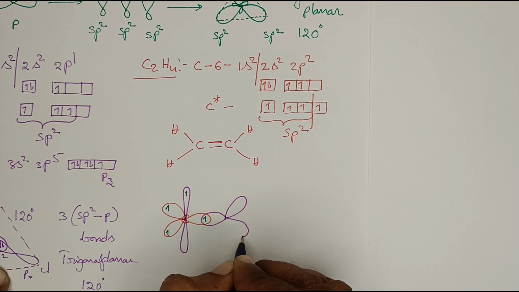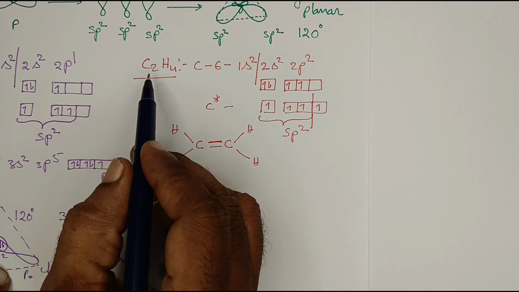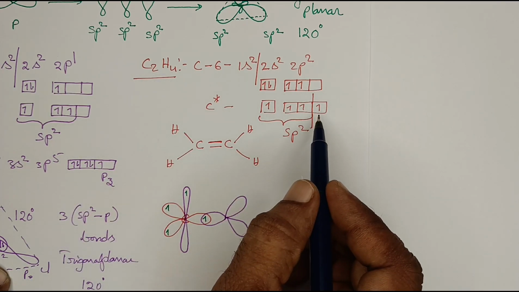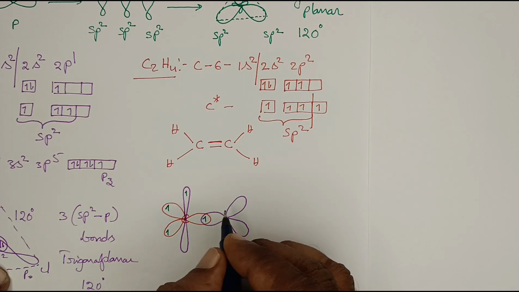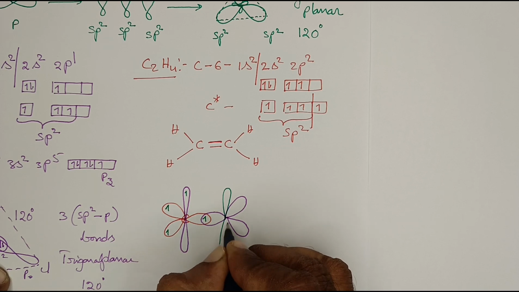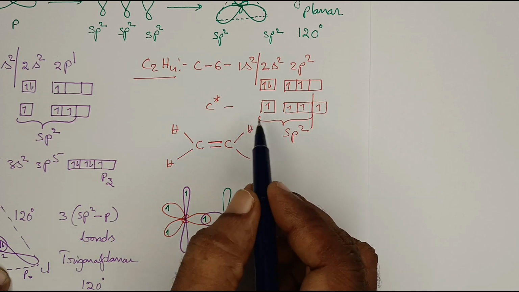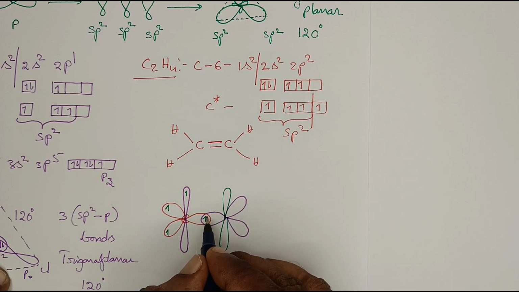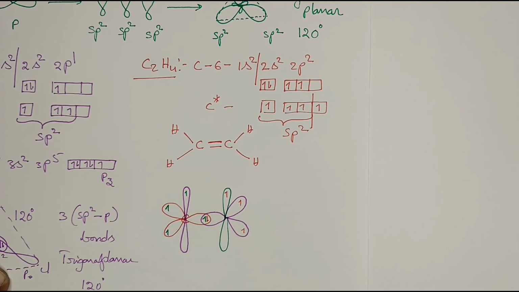The second carbon also contains one unhybrid orbital, which I am representing like this. So this is the unhybrid orbital. All these orbitals contain one electron each, like this: 1, 2, 3, 4.